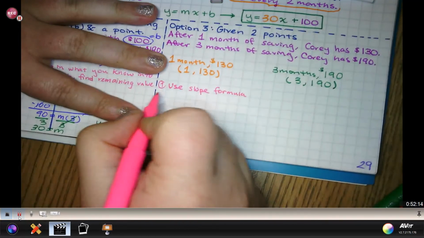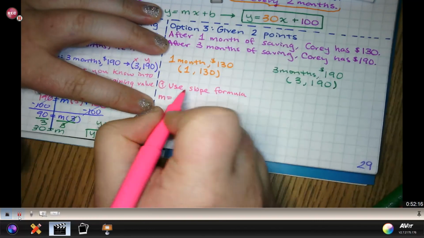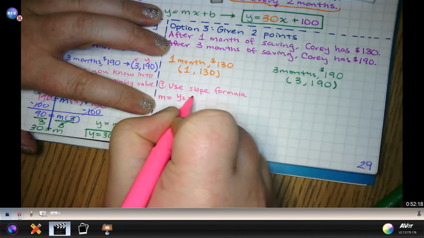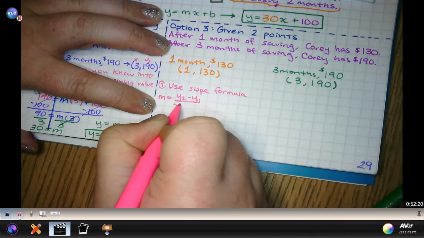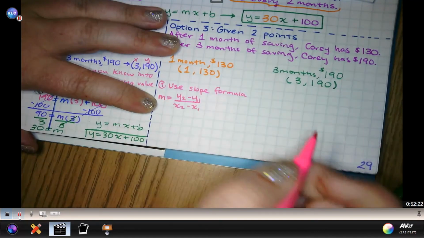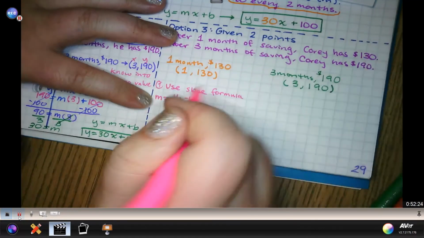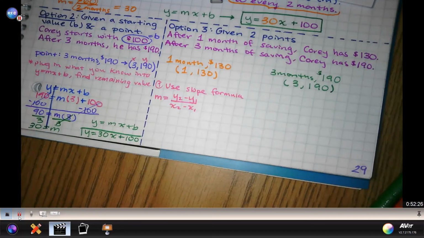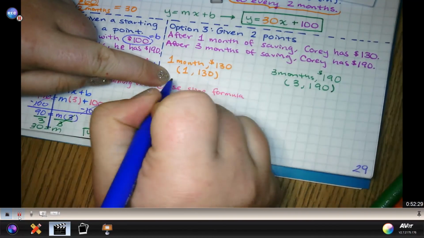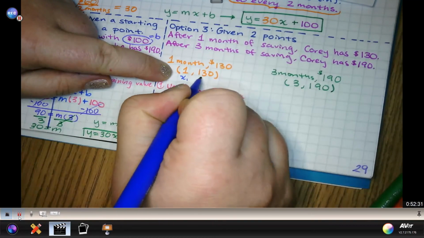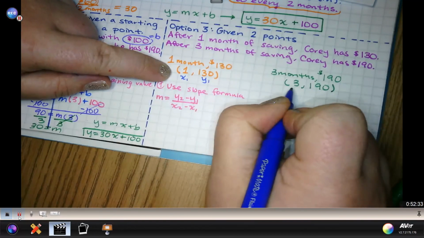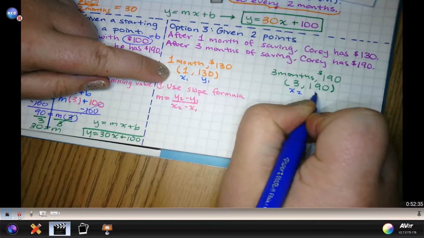Okay, so the slope formula is m equals y sub 2 minus y sub 1 over x sub 2 minus x sub 1. Again, memorize it. So I can pick whatever I want up here. Since this one just comes first, I'm going to make this x sub 1, y sub 1, and this one x sub 2, y sub 2.